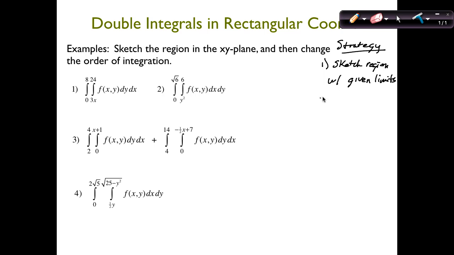Then we're going to scrap the old limits. Get rid of them. Don't pay attention to them. The point is, you don't write the new limits from the old limits. You write the new limits from what? From your sketch.